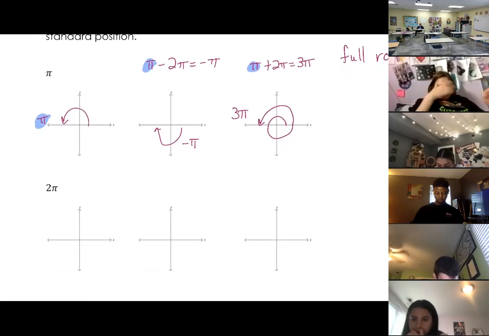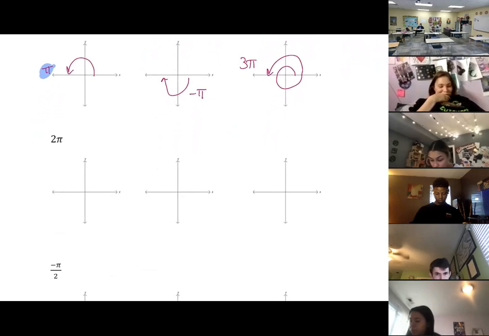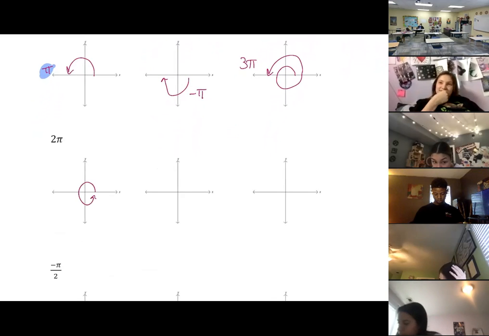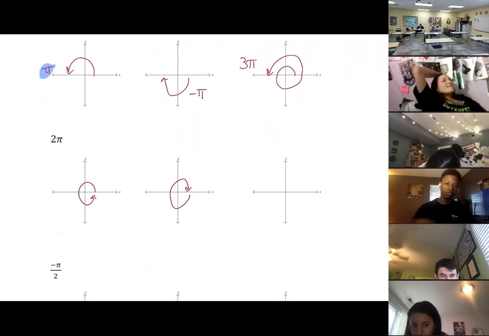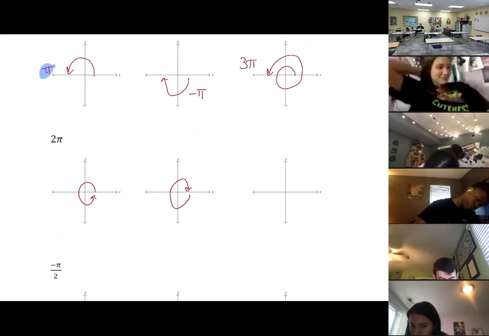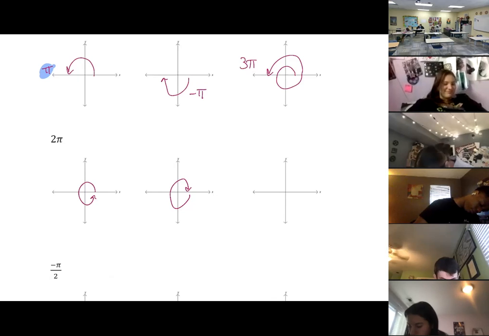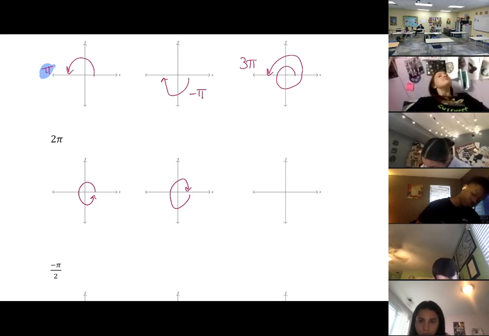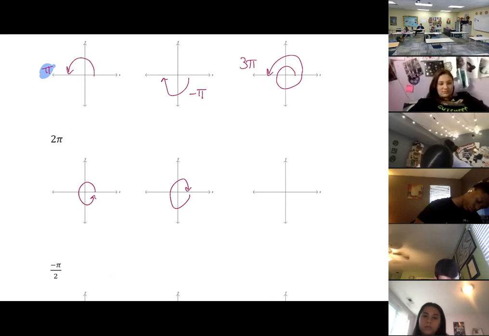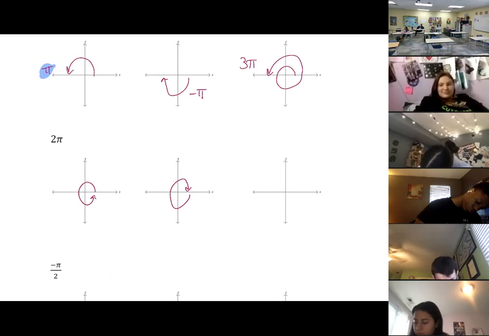Okay, let's try another one. So 2 pi, I know, is a full rotation. Well, what if I started and went in the opposite direction and still wanted to end up there? What would be the measure of that angle in radians? Mackie? Would it be 4 pi, or since you're going negative, 0 pi?